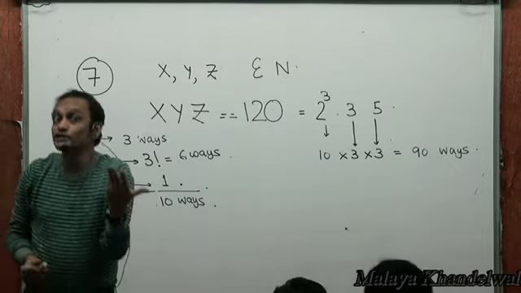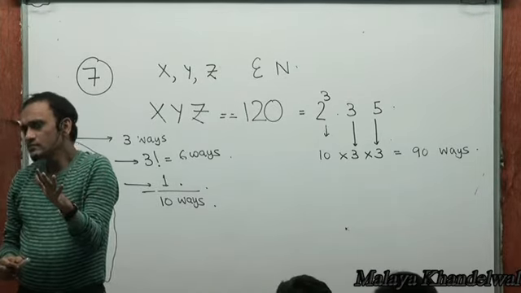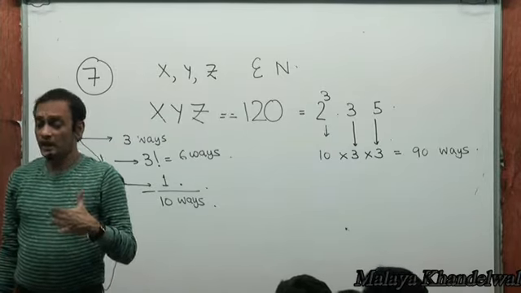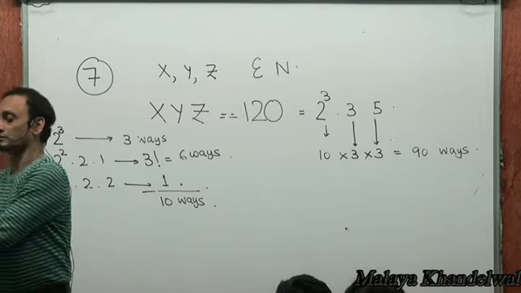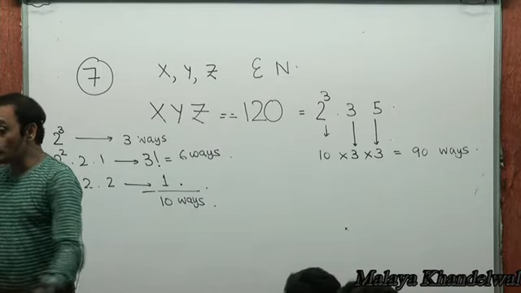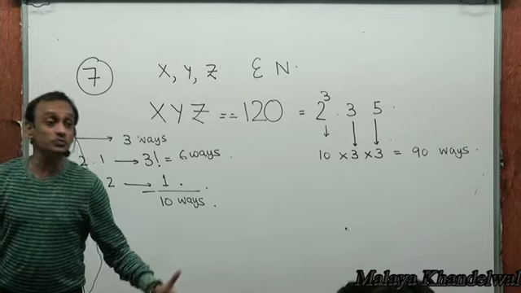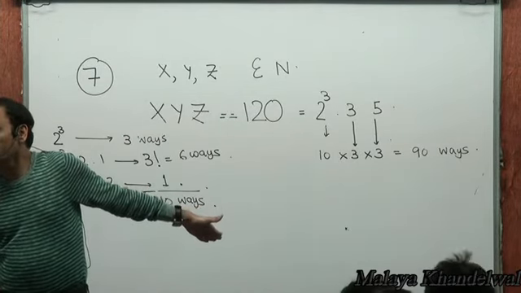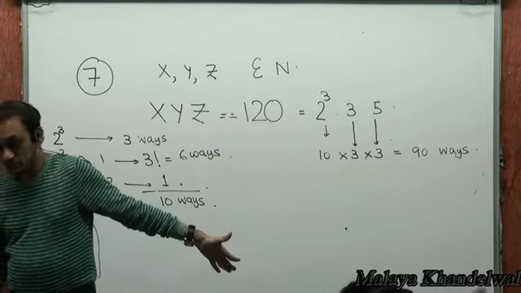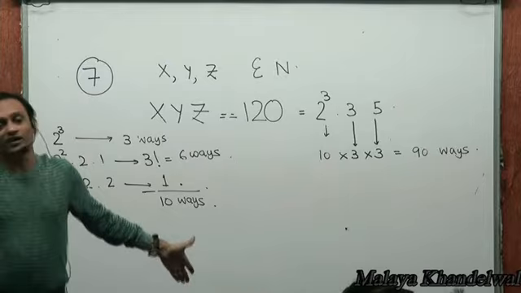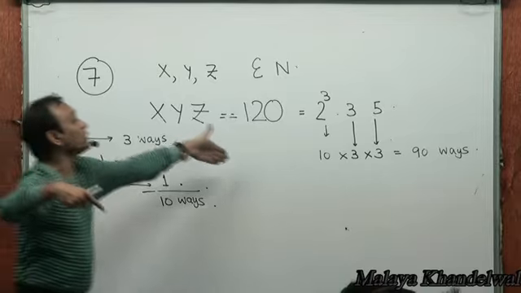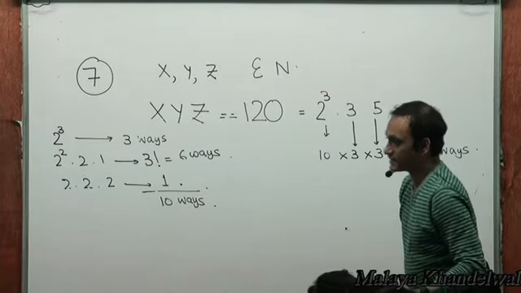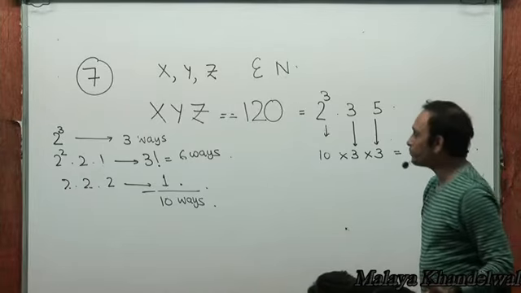What I want you to examine independently, not right now, is if I said X, Y, Z are all greater than 1, the number of solutions in natural numbers. This includes cases where X, Y, Z could be 1, for example, right? So if X, Y, Z could be 1 onwards, including 1, then the number of natural number solutions to this would be 90 ways. Right?